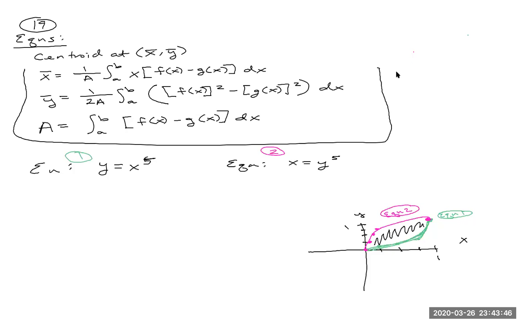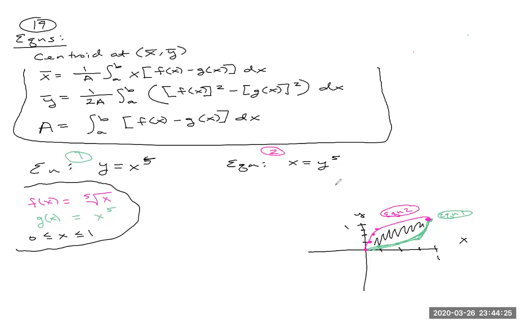So just as a little bit of a recap, what we found out was that f of x is the 5th root of x, and g of x is x to the 5th. And our bounds, 0 to 1. Okay. Now let me go ahead and get rid of the graph here.